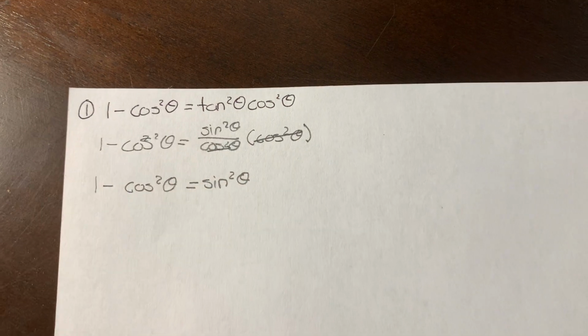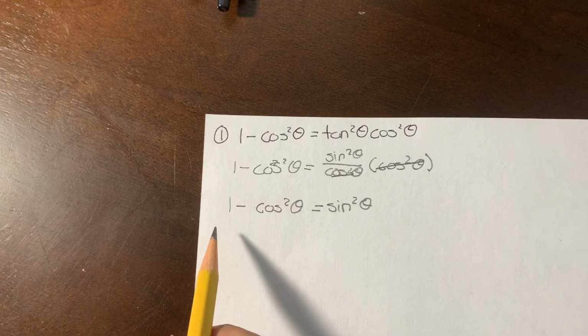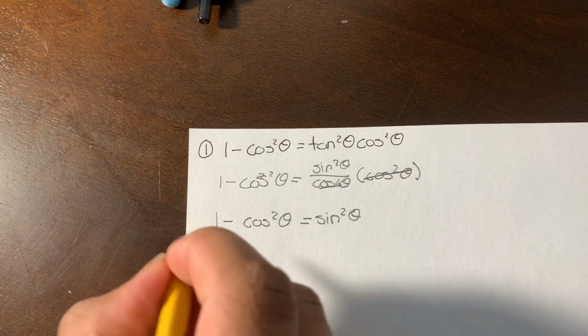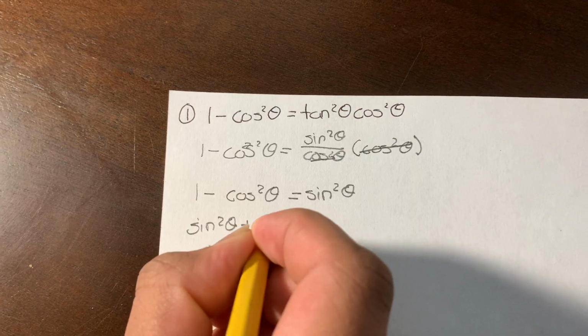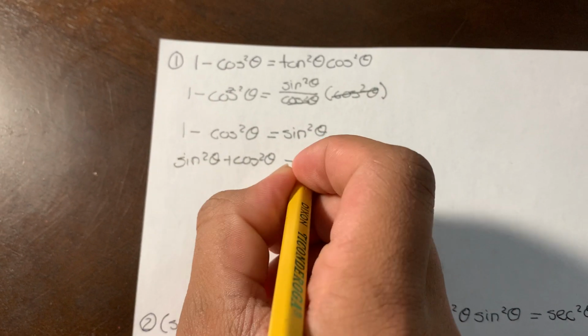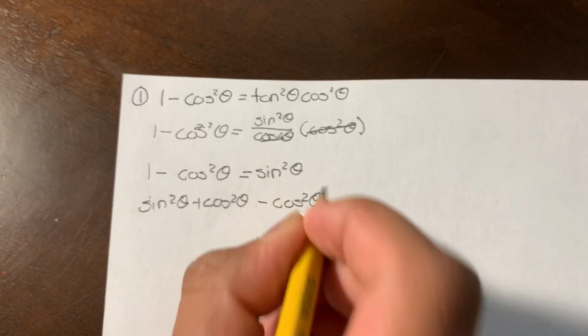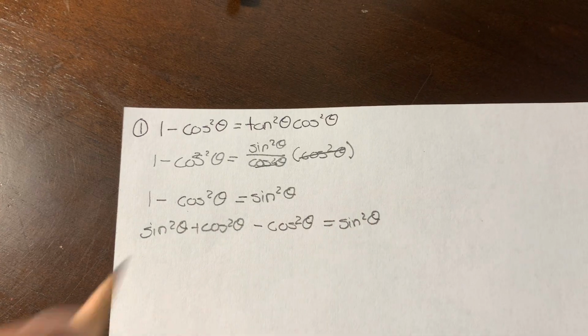Now if you remember, 1 in Pythagorean identities is equal to sine squared theta plus cosine squared theta. We shall have the minus cosine squared theta is equal to sine squared theta.